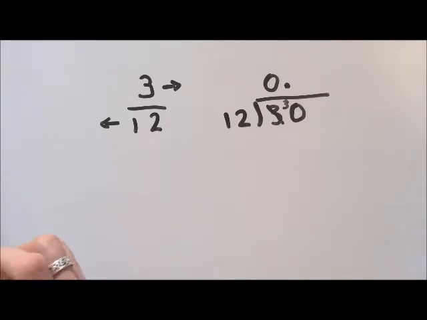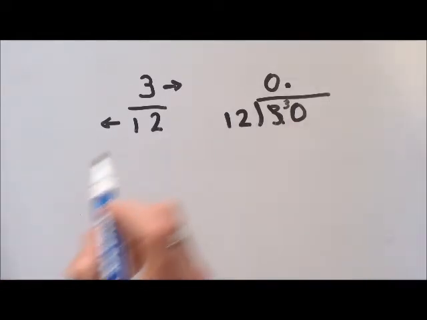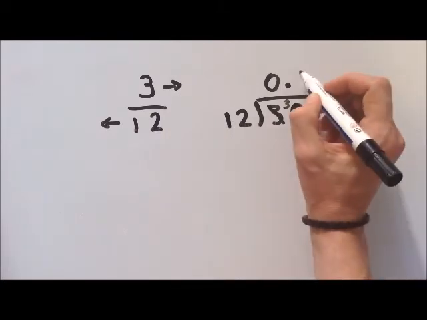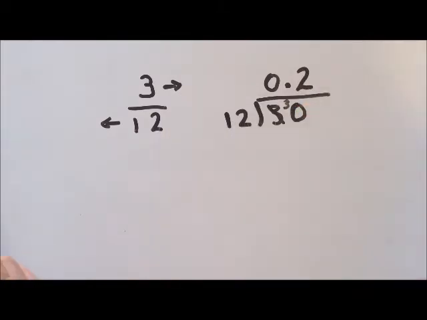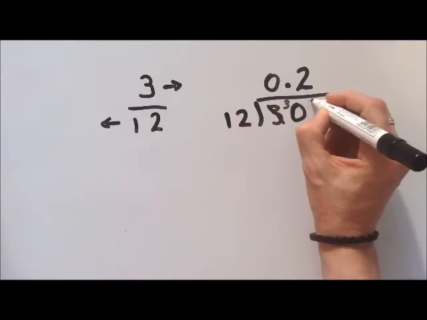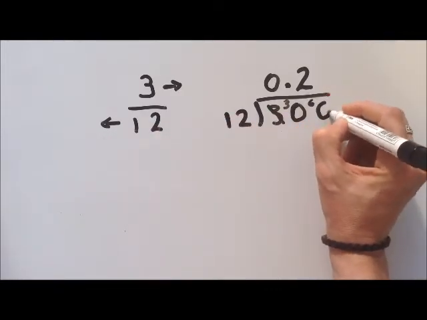How many 12s can we get out of 30? Well, if you know your 12 times table, 2 12s are 24, and we have a remainder of 6. Right, 2 12s are 24, so we've got 2 here, and a remainder of 6. So we have a 6 here, and a 0 here.